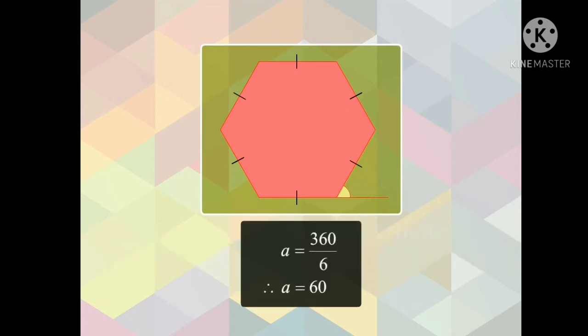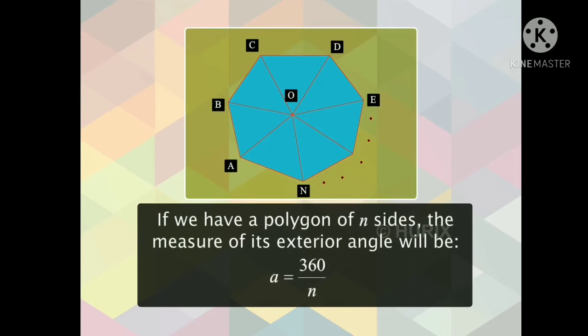Since a regular hexagon will have all its angles of equal measures and the sum of all its exterior angles is 360, we can find the measure of its exterior angle by dividing 360 by 6. So how do we find the measure of the exterior angle if we have a polygon of n sides?